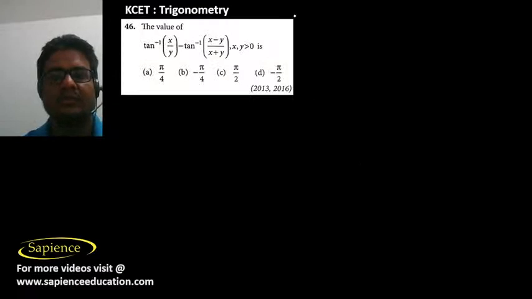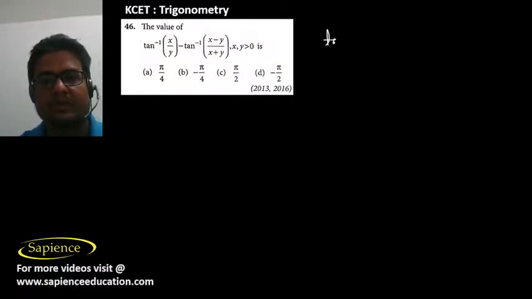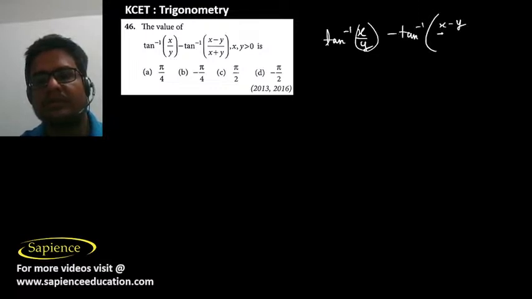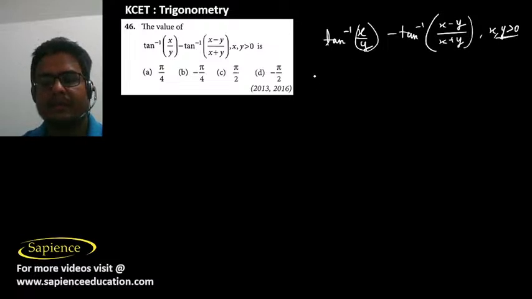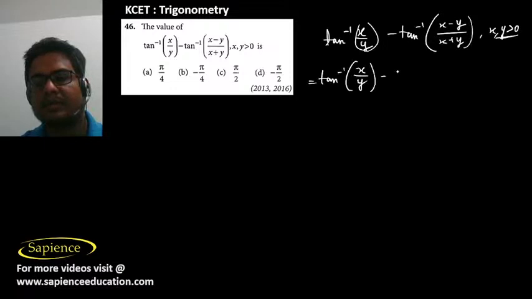Then question number 46, we have to find the value of tan inverse x by y minus tan inverse of x minus y by x plus y, where x and y both are greater than 0. So both are some positive real numbers. So this can be written as tan inverse of x by y minus tan inverse of, we can write x by y minus 1 by x by y plus 1.